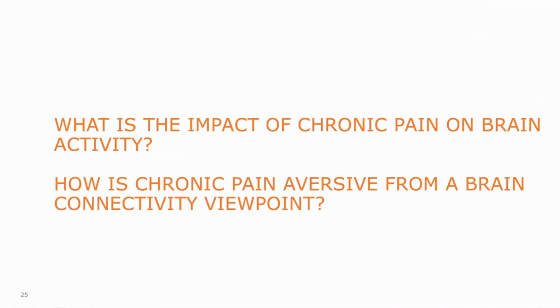And I want to share with you another concept here that I think is quite informative. Basically, if we think of the chronic pain state, how does the chronic pain state impact information sharing in the brain? We discussed earlier that information is shared across the brain for conscious states.